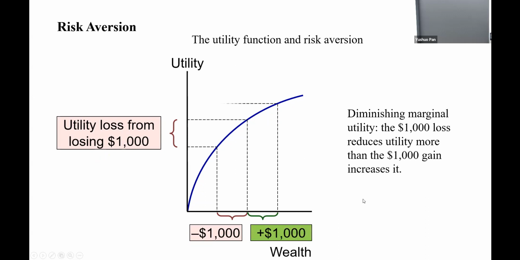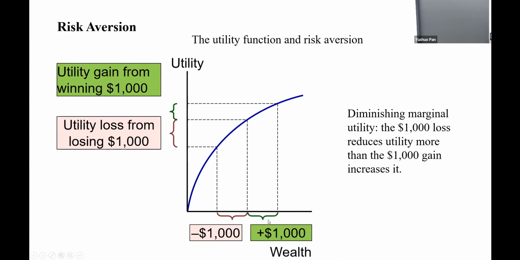But what if I earn $1,000, the same amount of money? The utility gain from winning $1,000 is smaller than this amount, right? That's the diminishing marginal utility. And that's the reason why most people are risk averse, just because people hate loss compared with earning the same amount of money.